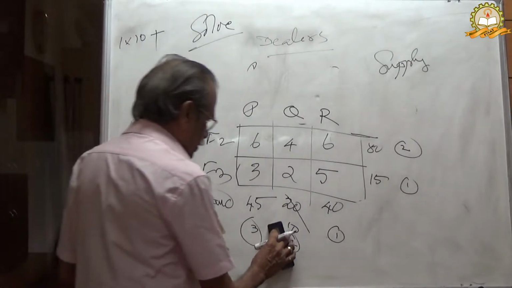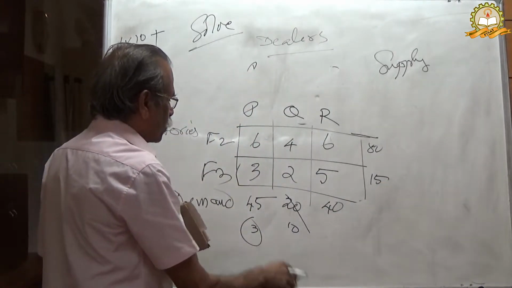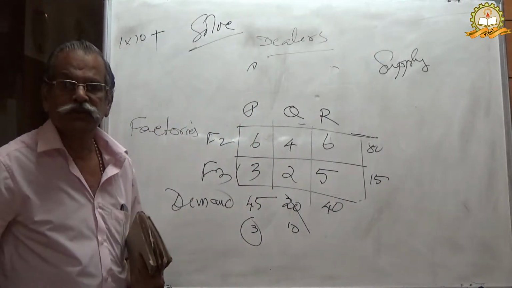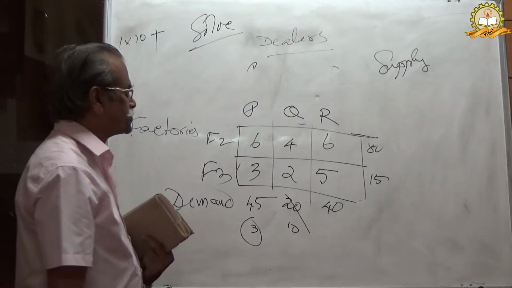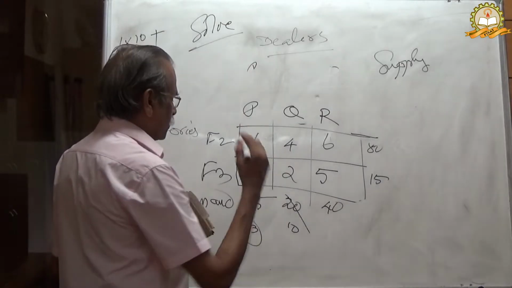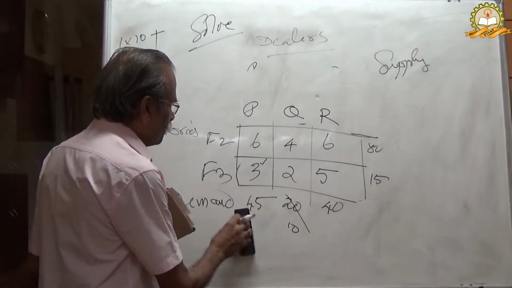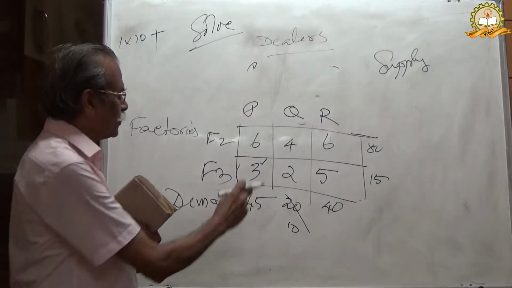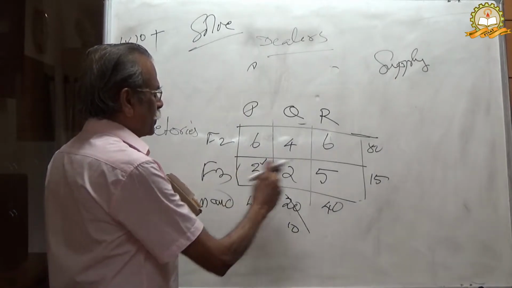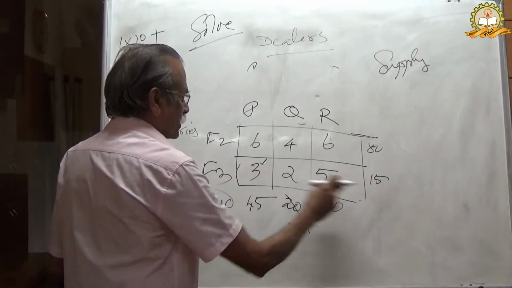Therefore, we consider the highest penalty, which is column 1. Consider the lowest cell value, which is 3. Therefore, allocate for cell value 3 from the F3 factory.